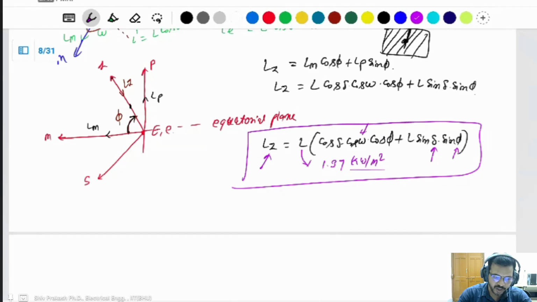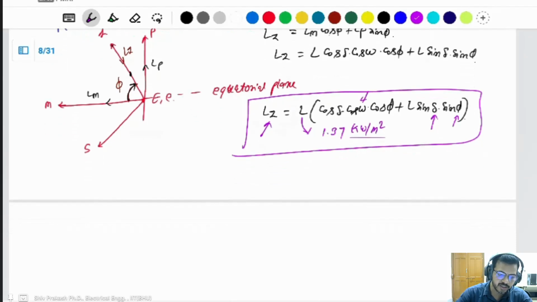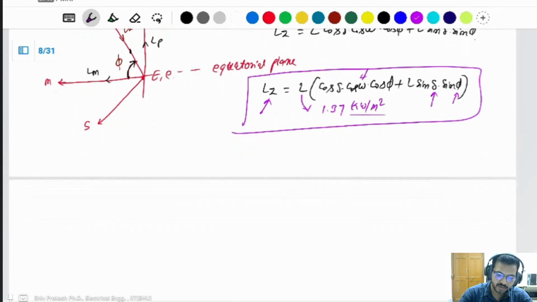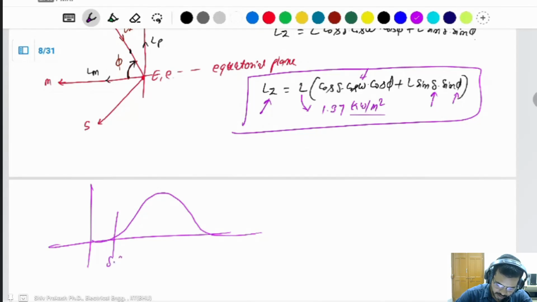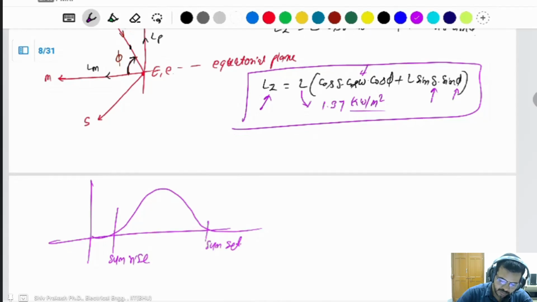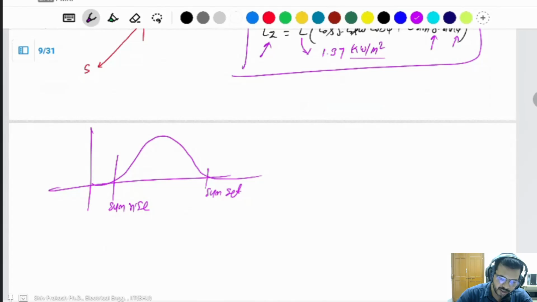Same thing if you want to calculate the daily energy. The daily energy will be from sunrise to sunset. Simply this insulation you can integrate from here to here, then we will get the total effective insulation for the whole day, per day.